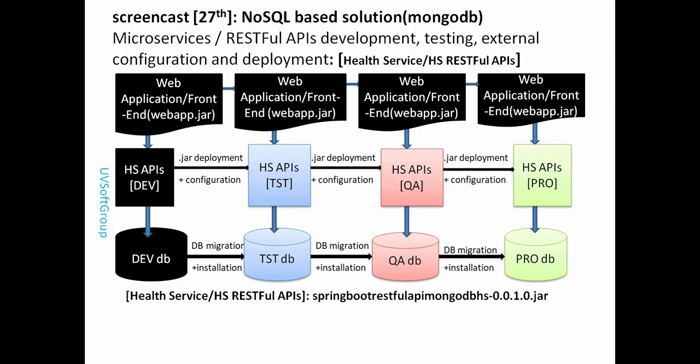The functionality is still the same, but the backend server is different. That means your installation process should be the same, your deployment process should be the same, and the configuration process should be the same, but the configuration properties will be different, and your backend is the MongoDB database.